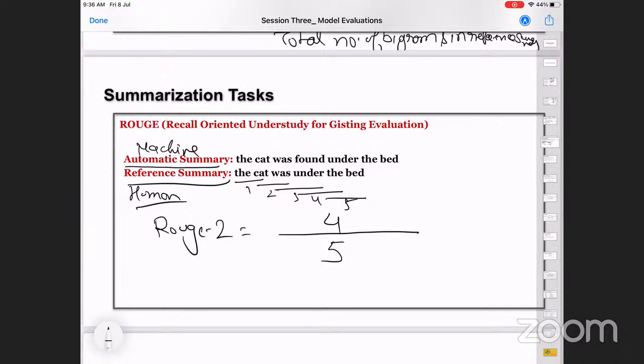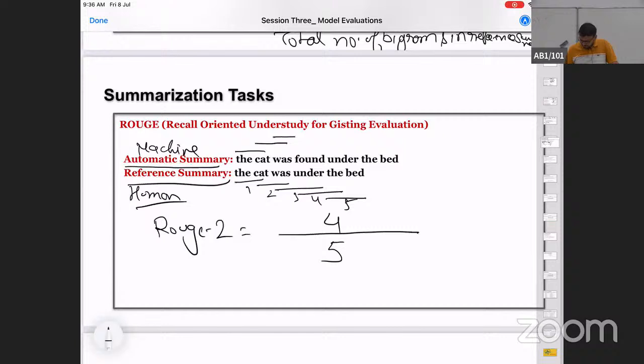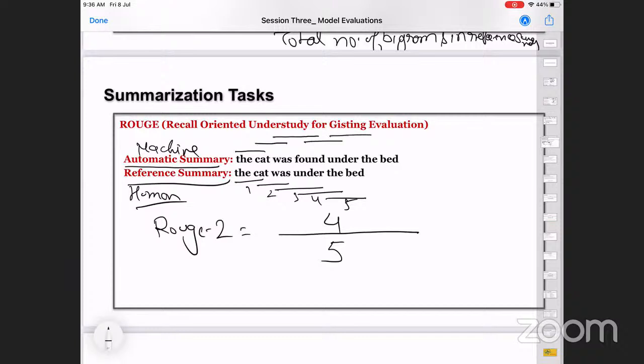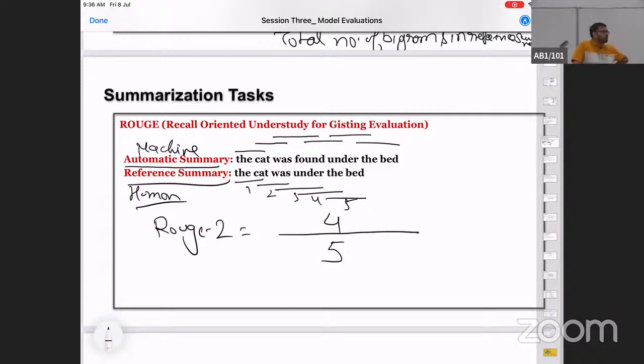One bigram is the cat. The other bigram is was. And found under the bed. So how many common bigrams are there? 4, right? It is going to be 4 by 5.